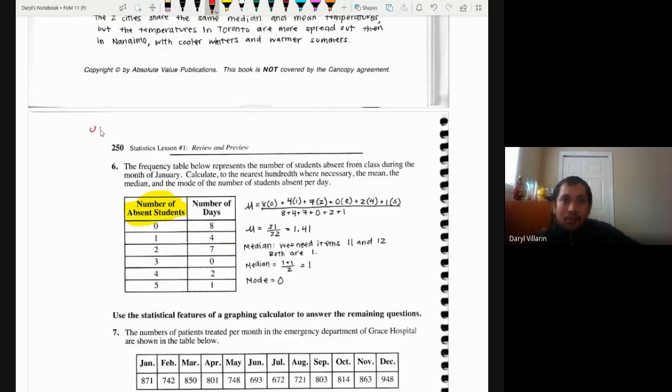So 1, 2, 3, 4, 5, 6, 7, 8. And then the next data that I have is 1 absent. That means an additional 4 days. So 1, 1, 1, and 1.